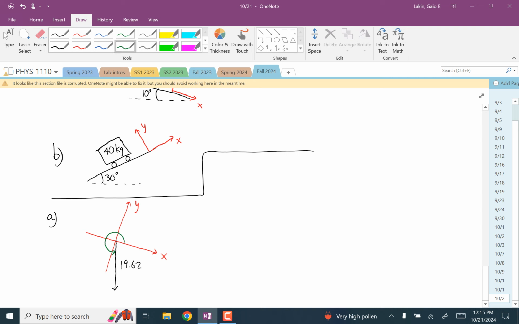So in this case, is this 270 plus 10 or 270 minus 10? Plus, yep. Notice that to get to the vector from the x-axis, you get to 90, 180, 270, and then you have to go 10 degrees farther. So in this case, that phi is 280 degrees.